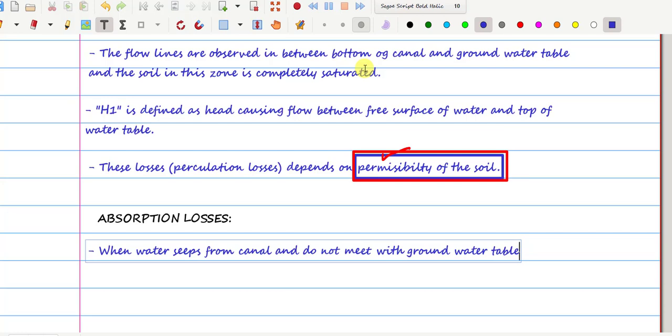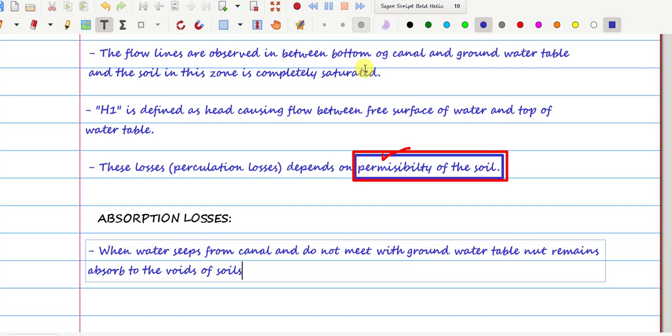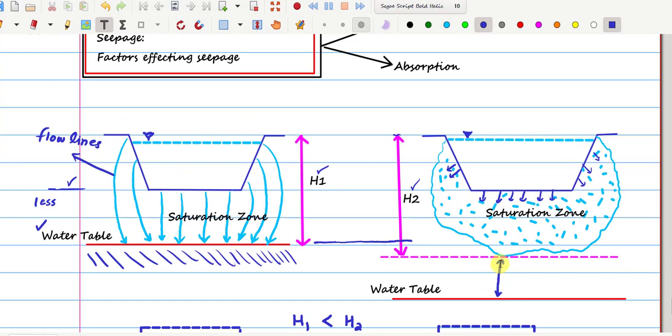But in case of absorption, water seeps from the canal, does not meet the water table, but remains absorbed into the voids of the soil up to a certain depth. In this figure, it doesn't reach the water table.